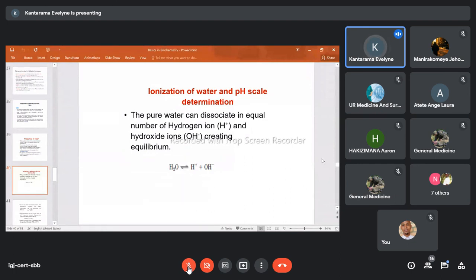Another property associated with water is the ionization of water, where we define the pH scale.